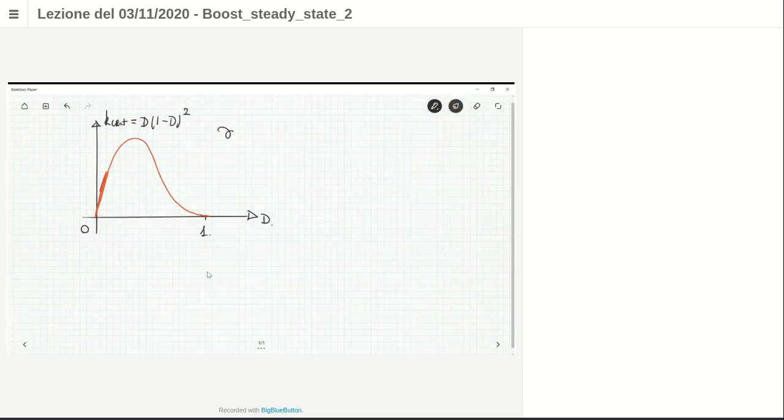Okay, then you can find the maximum simply by defining K critical and taking the derivative versus D, and so you can get the D for which you have the maximum K critical, which is 1/3.